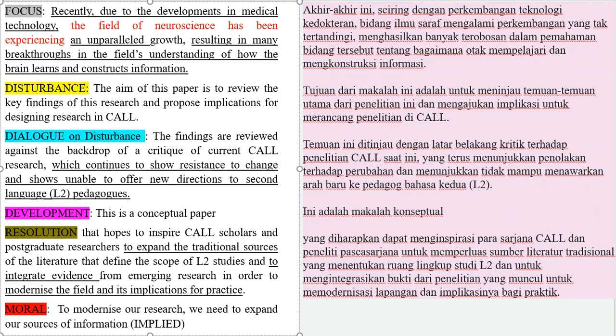There are breakthroughs in neurosciences, which means something extremely important is happening, but also they are related to knowing how the brain learns and how it constructs information. So if we removed all that, we would have lost the reader.